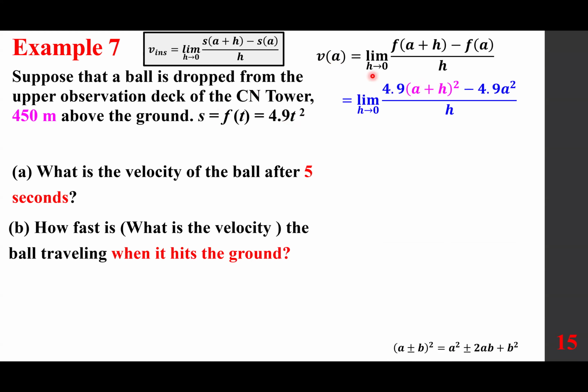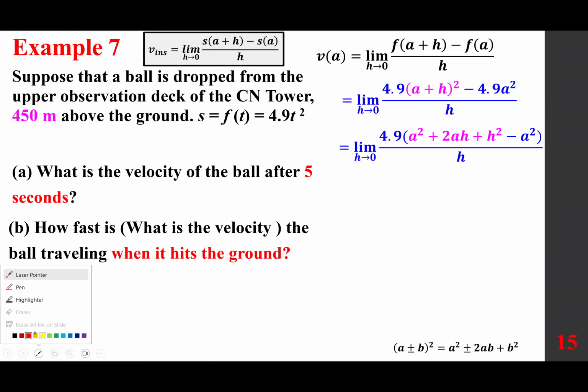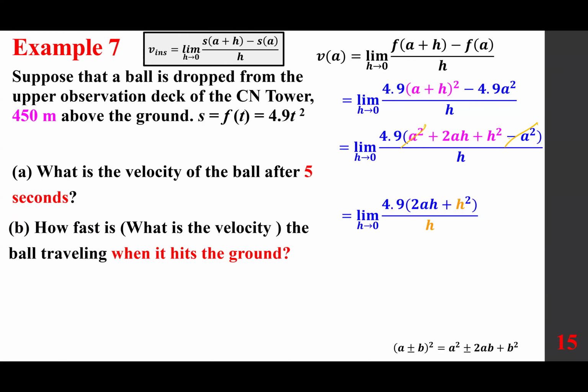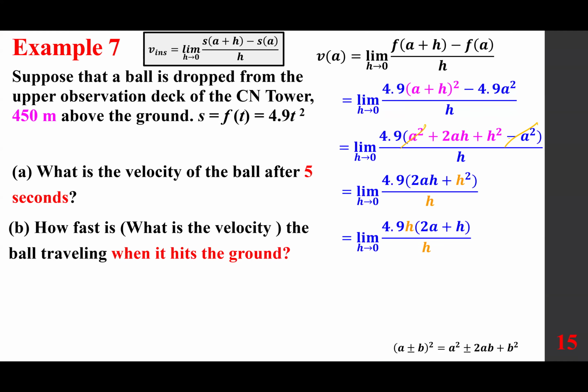So I can take the 4.9 out, and this remains in the following manner. So this is a squared plus 2ah plus h squared. Because 4.9 is in common, you take it out from here and you get minus a squared. So these two cancel each other. So now we have 4.9 times 2ah plus h squared over h, and there's a common factor of h in the numerator we can take out.